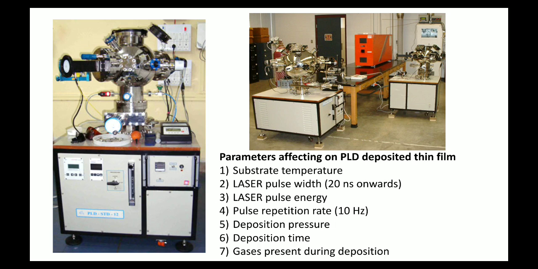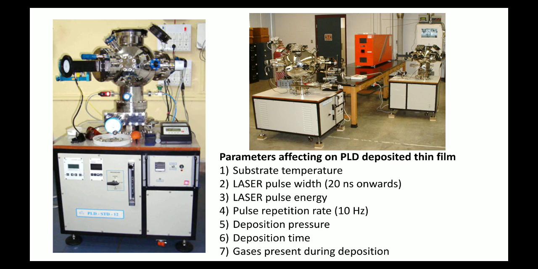On the right-hand side photograph, you can see the orange colored big box kept on a heavy wooden table. That long box is nothing but the source of the laser. The pulses of laser come out from the front side of the box.